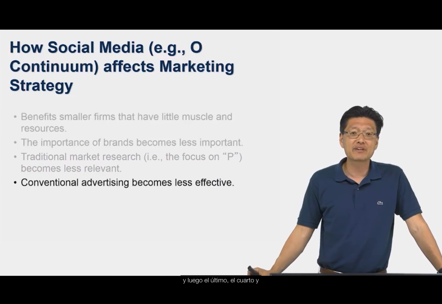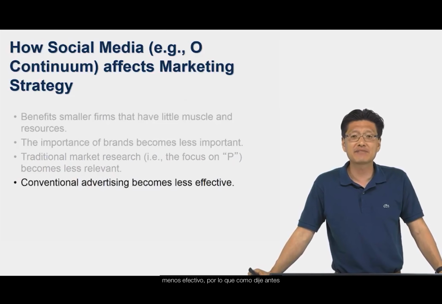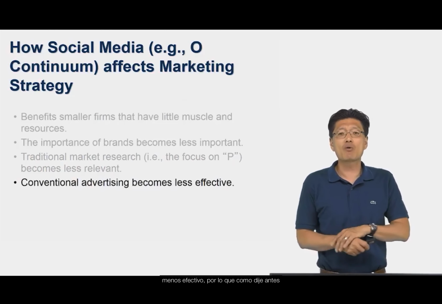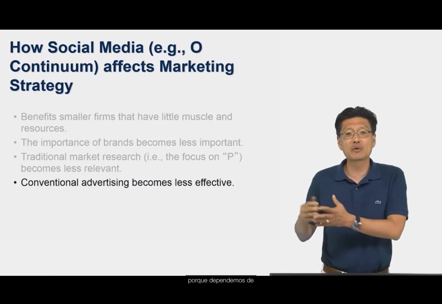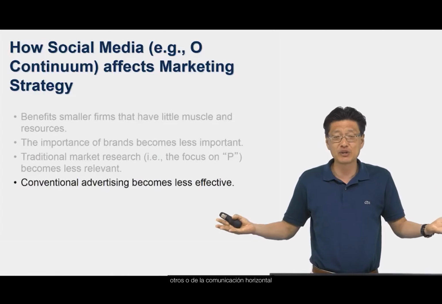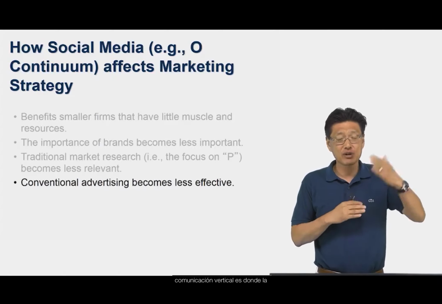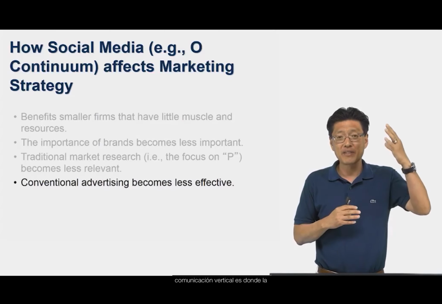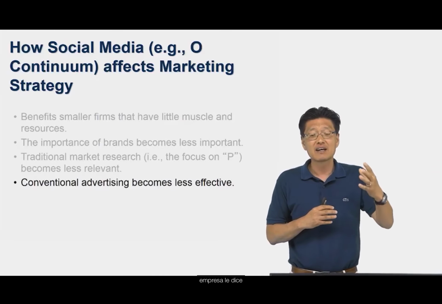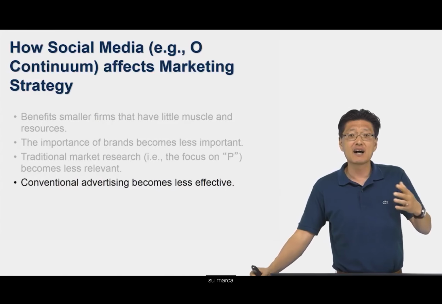And then the fourth and last is that conventional advertising becomes less effective. Like I said before, we rely on others, or horizontal communication, as opposed to vertical communication. Vertical communication is where the firm is telling the market, the customers, about their brand.